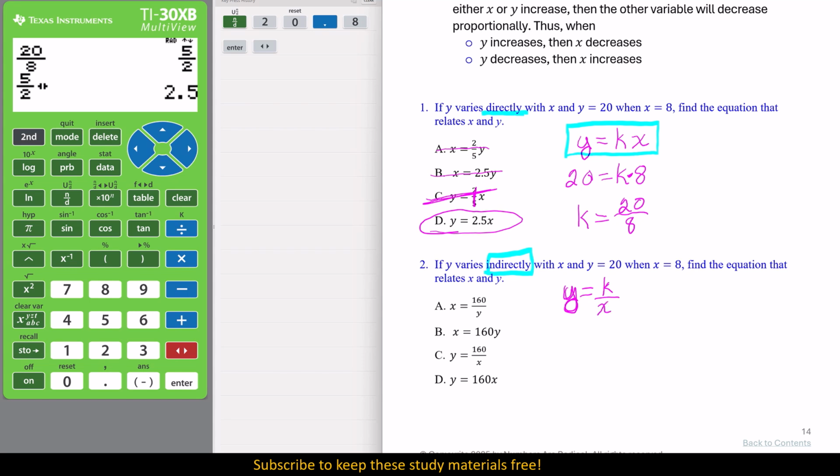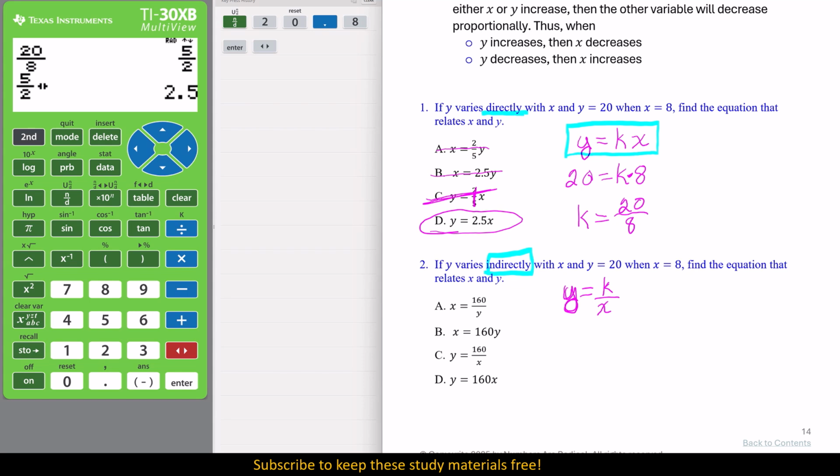So how could we view that? A lot of ways that we could think of it, but one way that helps me keep it straight is by looking at the k over the x. The larger x gets, the smaller the whole value on the right-hand side becomes.